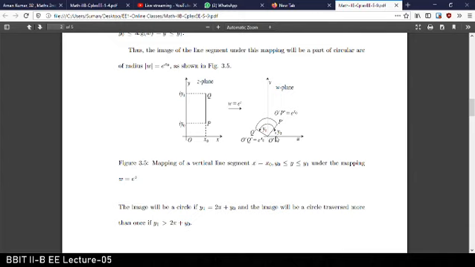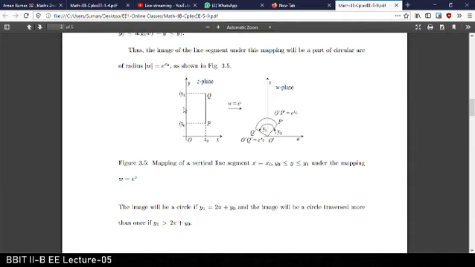If you consider the whole line segment, it will be an arc of a circle with center at the origin and radius e to the power x0, where x0 is this one. How much arc depends on y0 and y1.